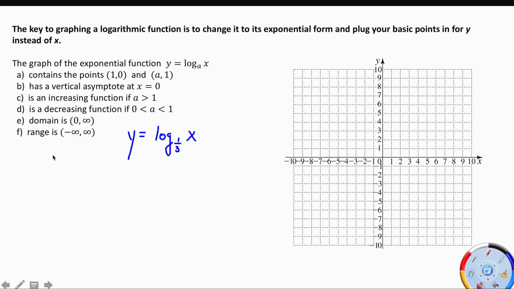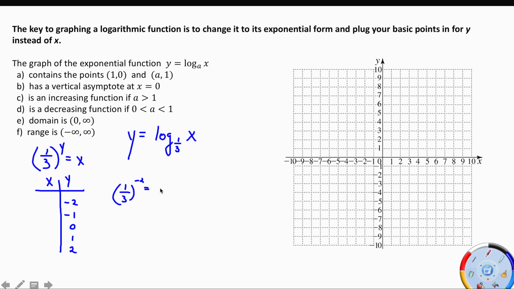The key is change this to the exponential form. 1/3 to the y equals x, and plug your basic points into the y field. 1/3 to the negative 2. Remember, negative exponents mean reciprocals, so that's 3 to the positive 2, or 9.